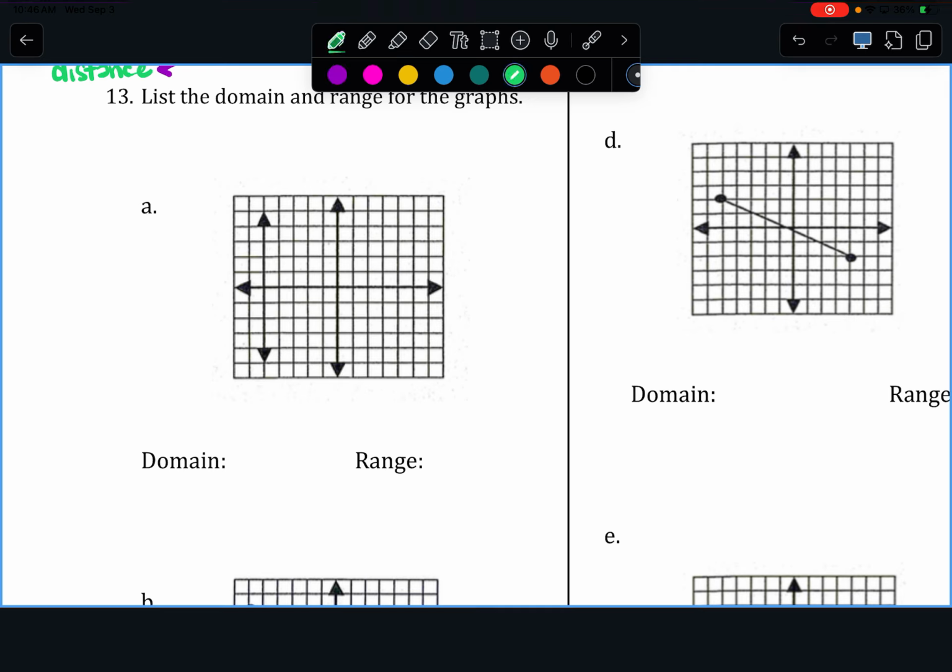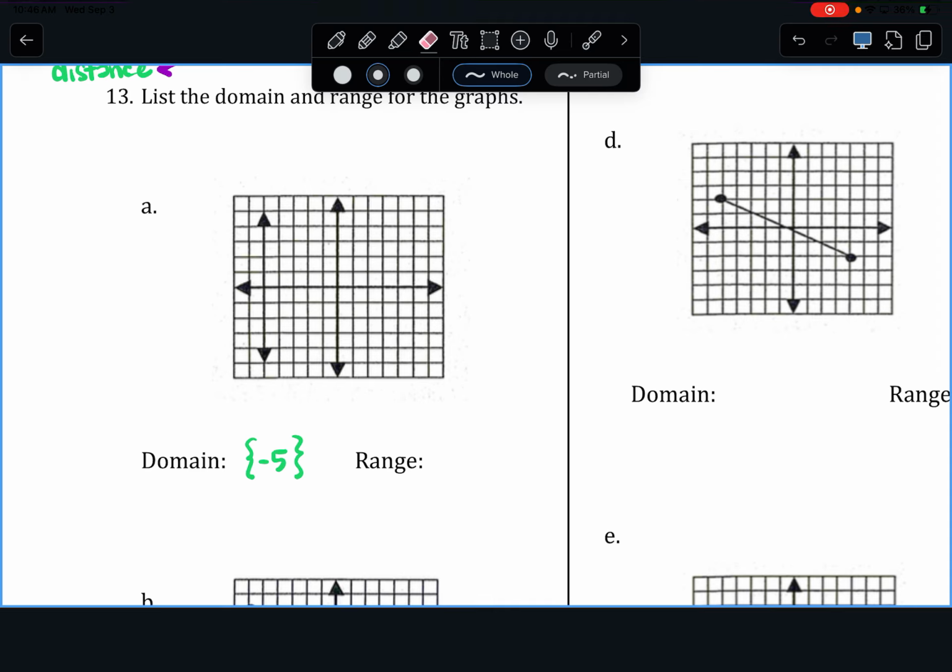So domain and range. So domain, does he go forever left? No, he's not even allowed to go left at all because he's a vertical line, and he's not allowed to go right at all. So he kind of is his own wall, right? He can only take on that x value, -5. So his domain is just -5. It's not an inequality because it's not anything less than or greater than -5.